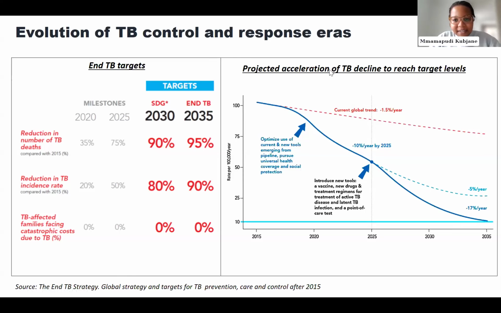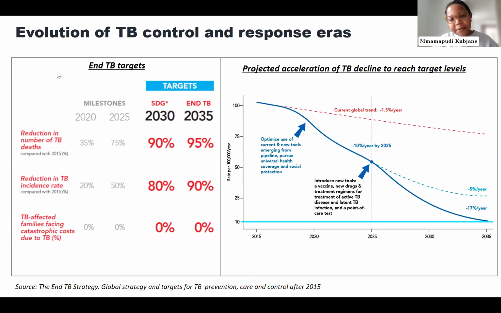And the figure on the right shows a mathematical modeling exercise that was conducted at the time when this strategy was put in place. In the red, it's the trajectory of TB incidence rate globally if we continued with no new developments in controlling TB.